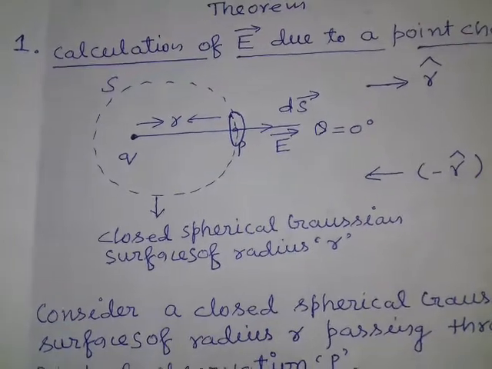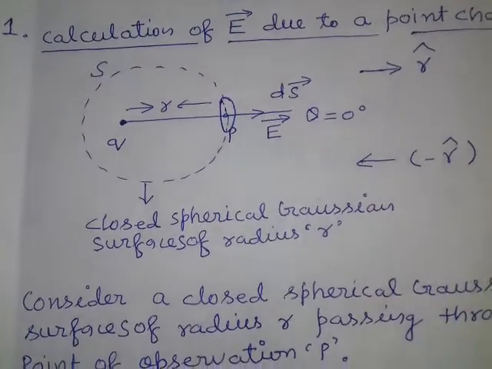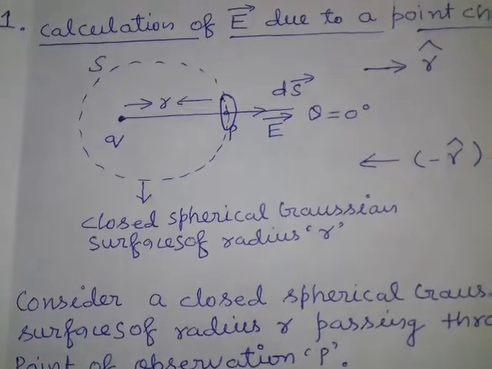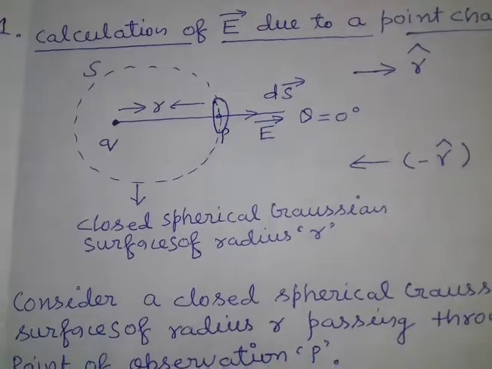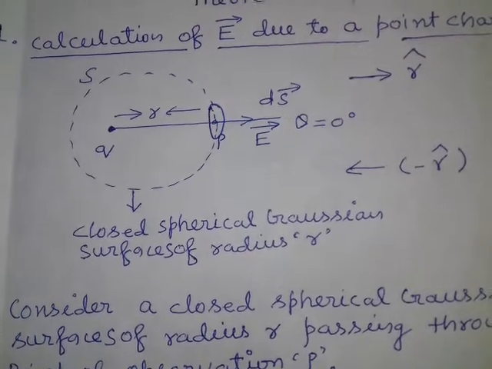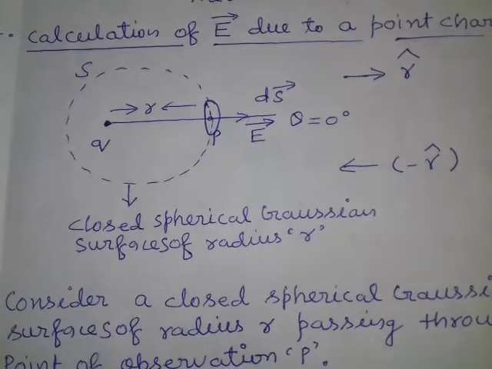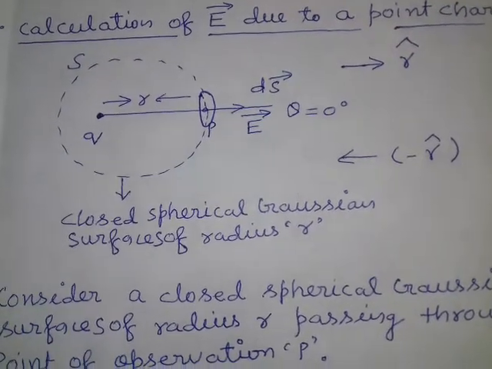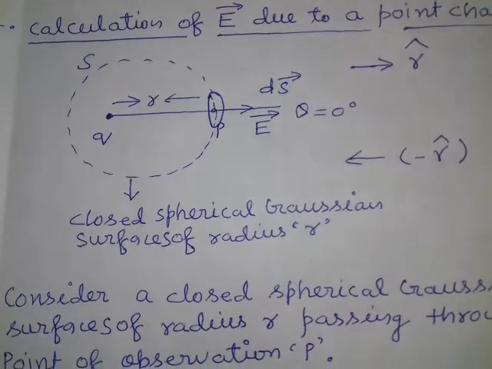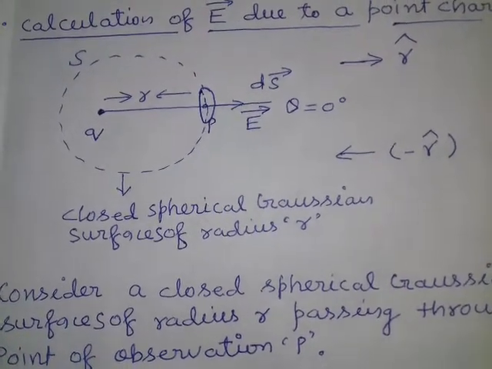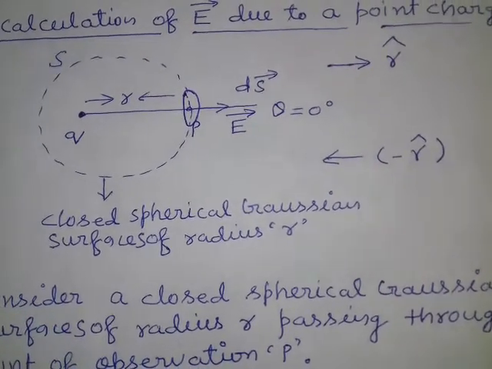We consider that point P lies in a very small area element ds. The direction of this area vector is always perpendicular to the surface ds, outwards. So you see the direction of the ds vector and the electric field intensity vector both are in the same direction, so the angle would be 0. You can see in the diagram.